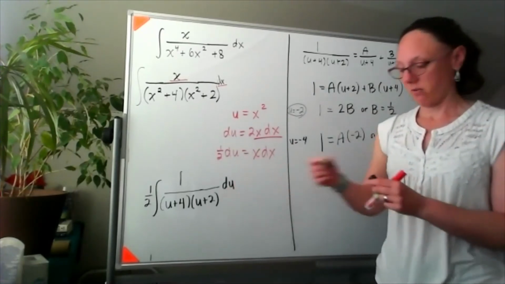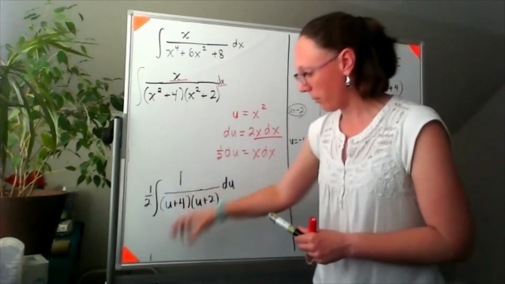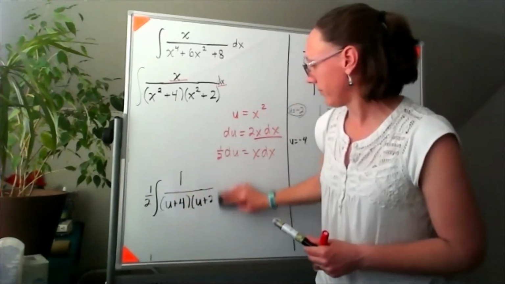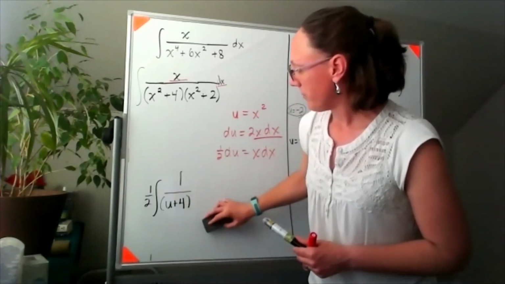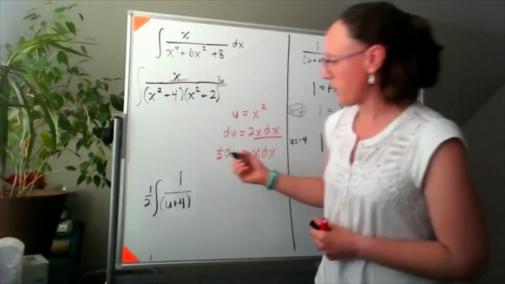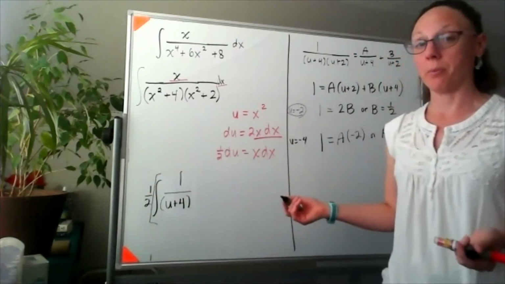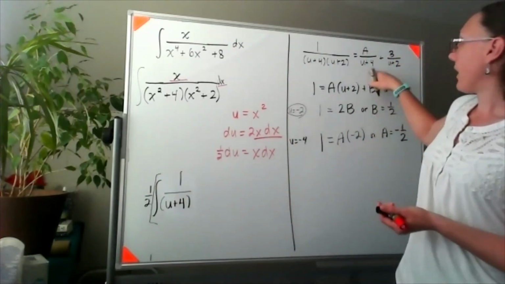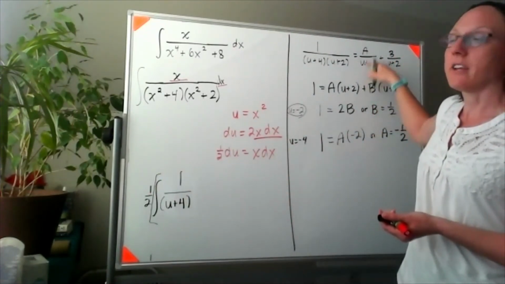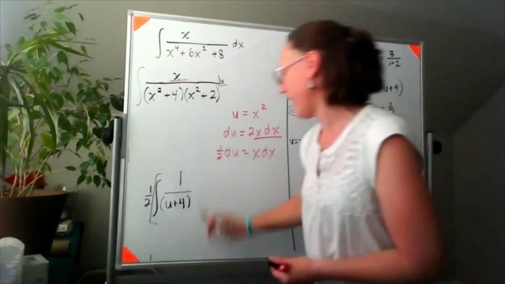Bringing that back down, I can now break apart this integral. Just to save myself the space, I know that 1/2 is going to apply to both pieces. And above my u plus 4, I need my a value of -1/2.